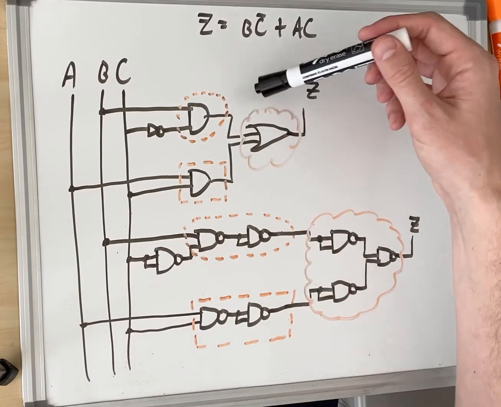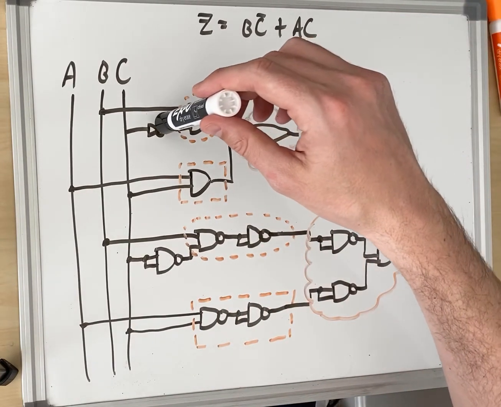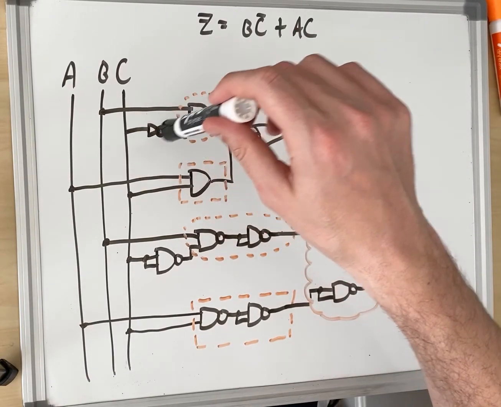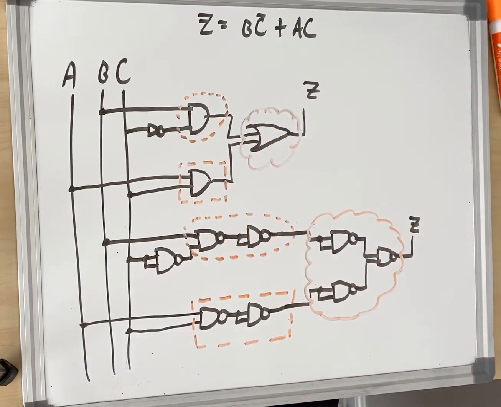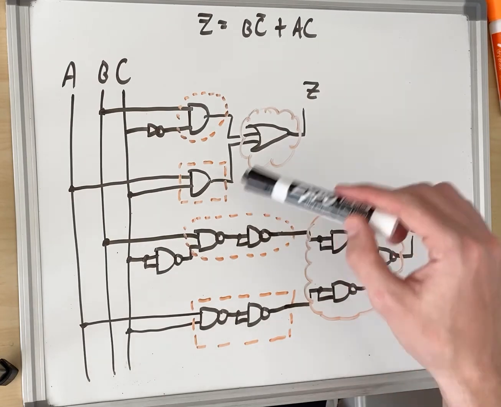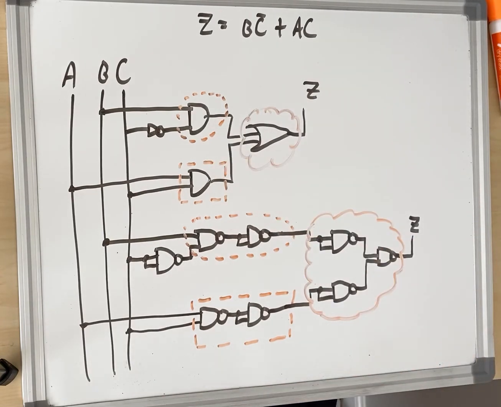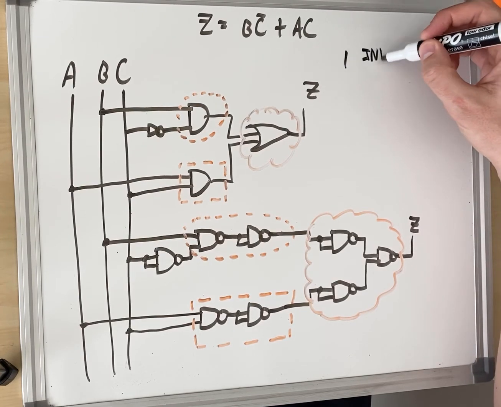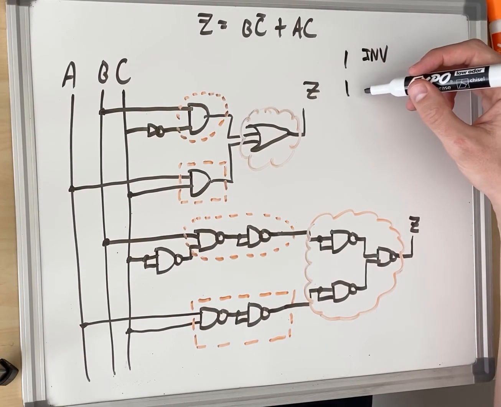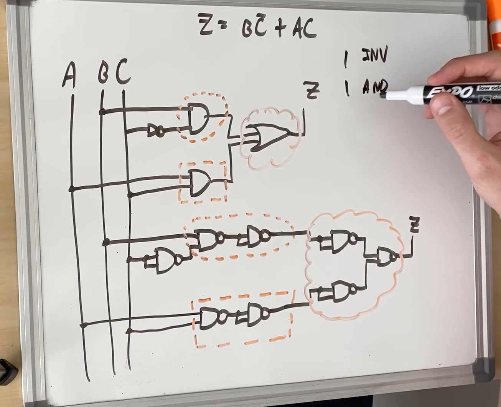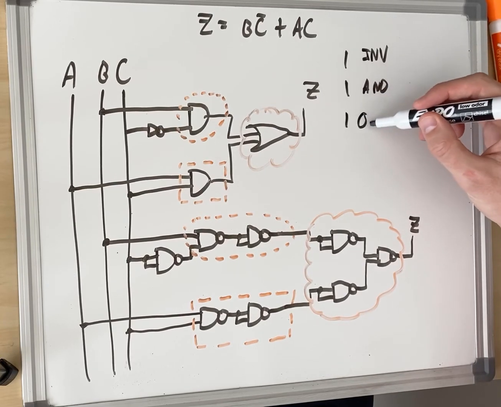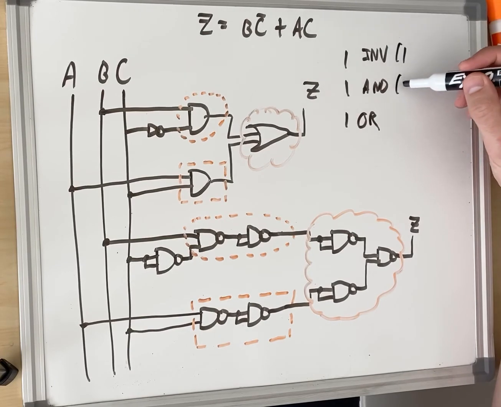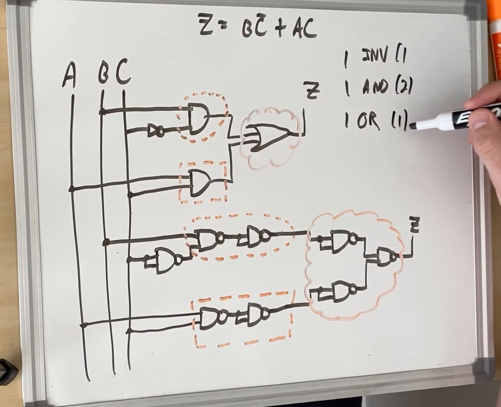Now, if we look up here at this first one, I see that I have 1 inverter gate, 2 AND gates, and 1 OR gate. So essentially 4 gates, but I would still need 3 chips, right? 1 inverter chip, 1 AND chip, and 1 OR chip. And this has 1 gate, 2 gates, 1 gate.